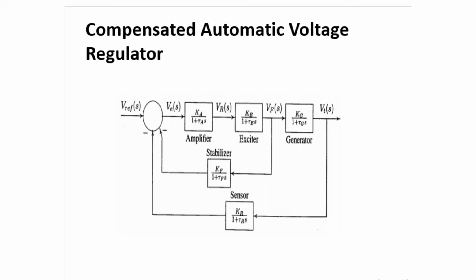First we will see the response of the automatic voltage regulator without the use of the excitation system stabilizer, and after that we will use a compensated model of the automatic voltage regulator, which will have the power system stabilizer. Then we will see what the effect is on the transient stability of the automatic voltage regulator after using this.